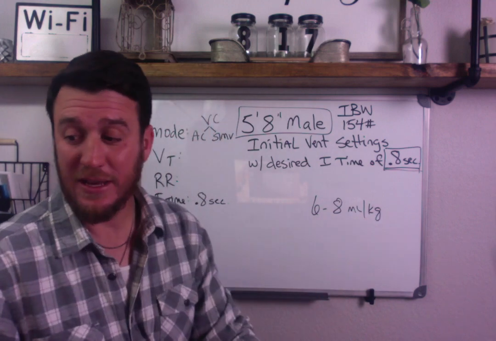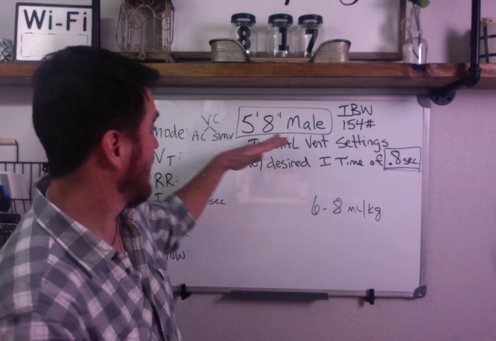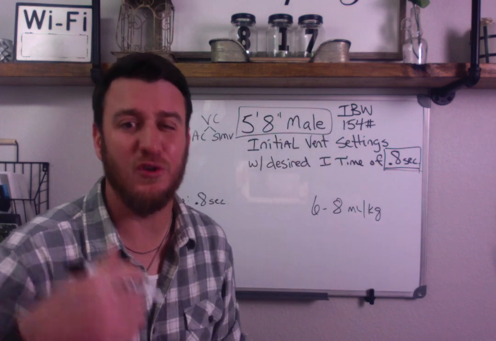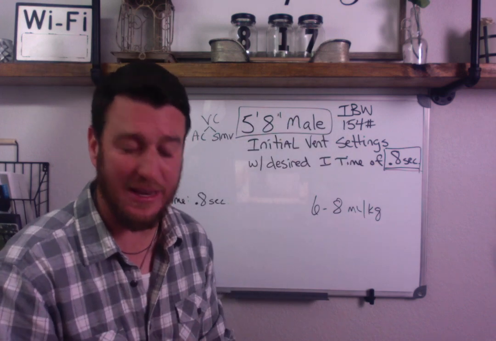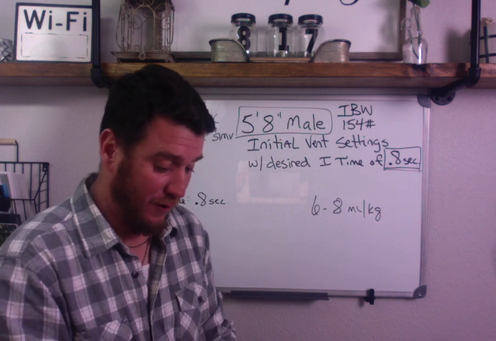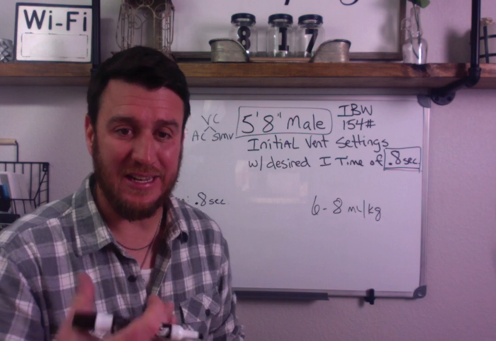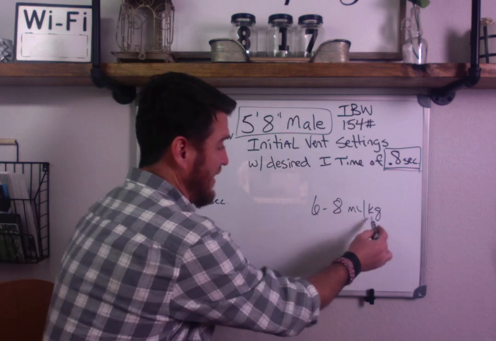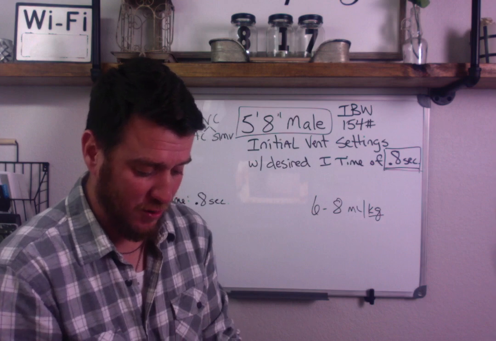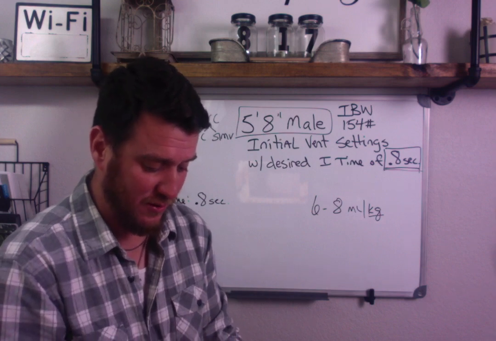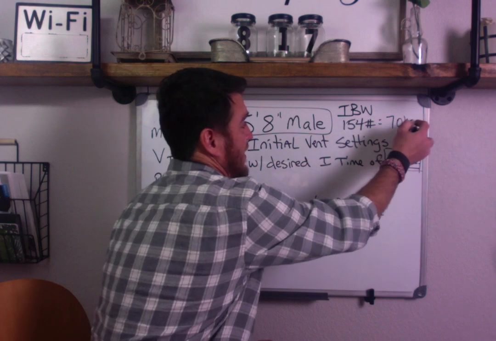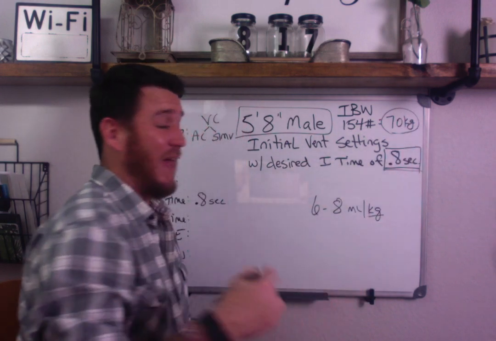I've already done the math here, and a 5'8" male's ideal body weight is 154 pounds. You have got to be able to get to ideal body weight. So if I pull up my calculator here, from pounds, we have to get into kilograms because this range is in kilograms. So we do 154 pounds divided by 2.2 kilograms equals 70 kilograms. And we have it there.